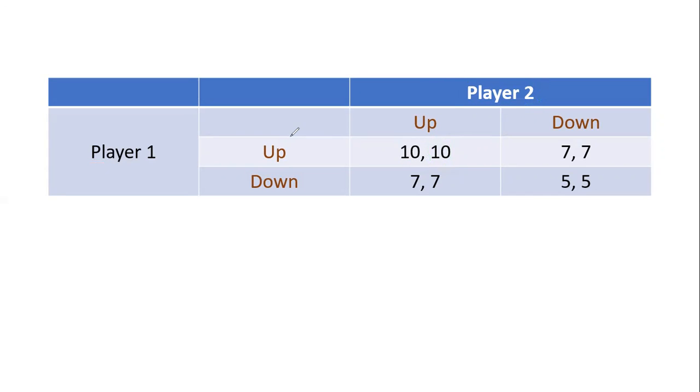If player 1 plays up and player 2 also plays up, player 1's outcome will be 10 and player 2's outcome will also be 10. If player 1 plays up and player 2 plays down, then player 1's outcome will be 7 and player 2's will be 7 as well.